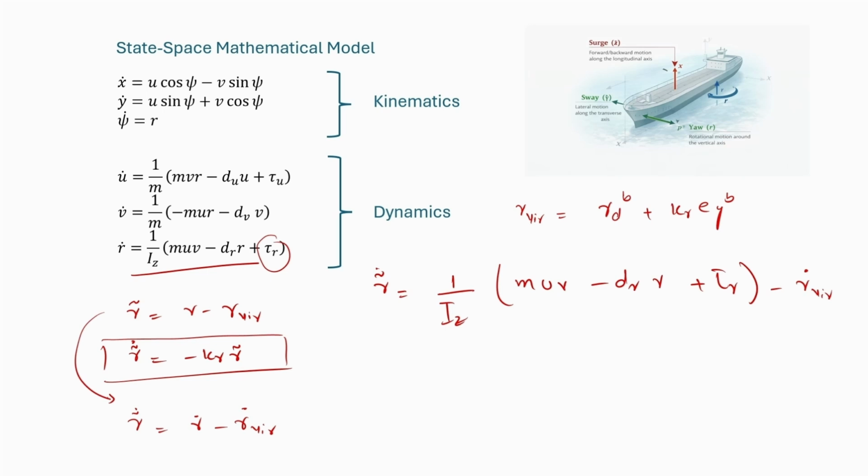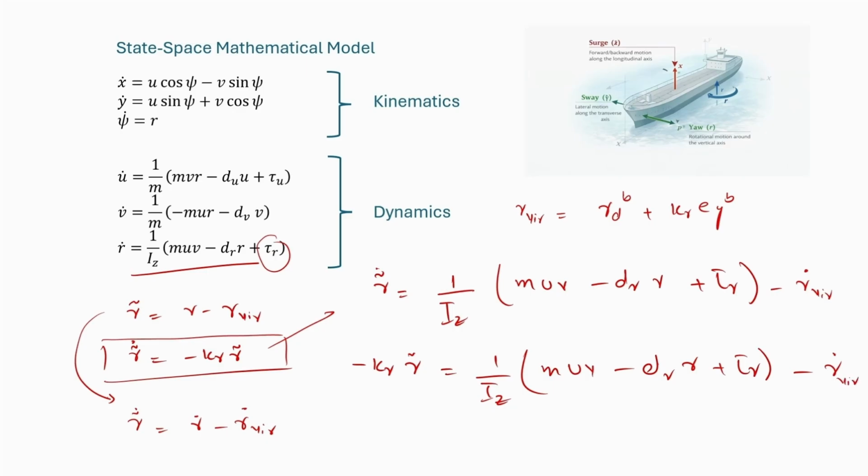Now I will substitute this R tilde rate with this one because that is our aim. So this will become minus KR R tilde is equal to 1 by Iz MUV minus dr R plus tau R minus R dot virtual.